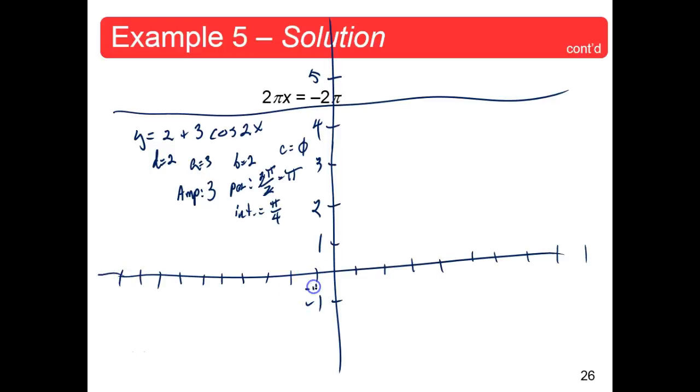So this is minus pi fourths, minus pi halves, minus pi, minus 2 pi, pi fourths, pi halves, pi, 2 pi. Okay.